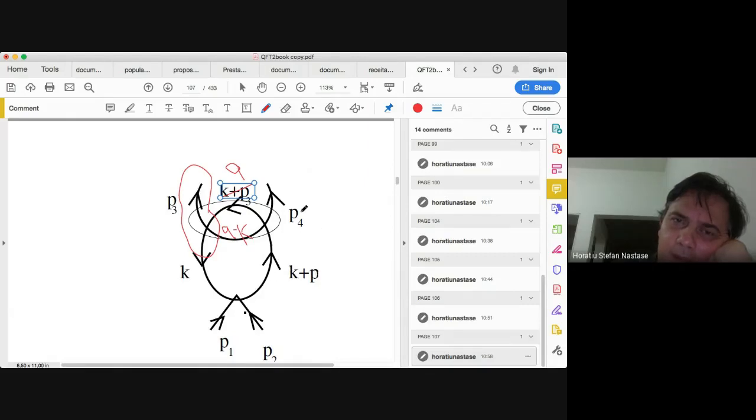Well, sorry. I could say minus k plus minus p plus p4, but then this would be minus k minus p3 by momentum conservation. So it's still the same thing. So this is k plus p3.